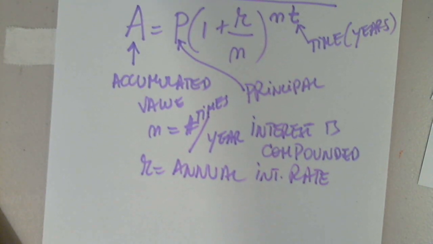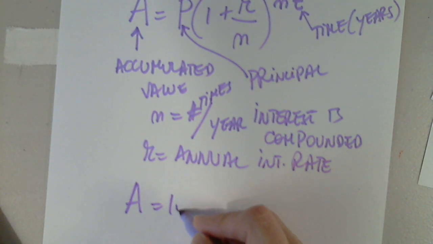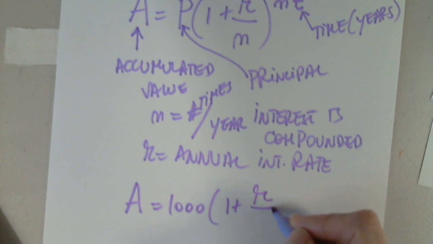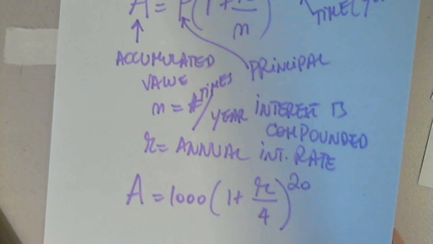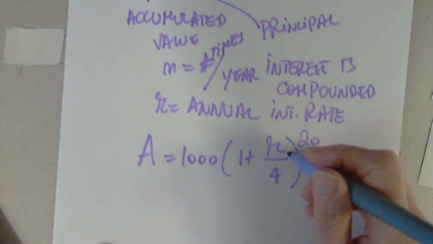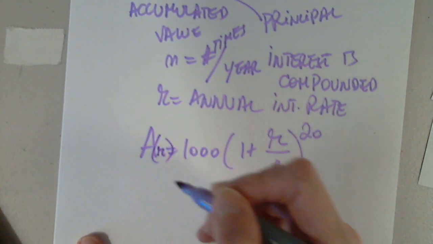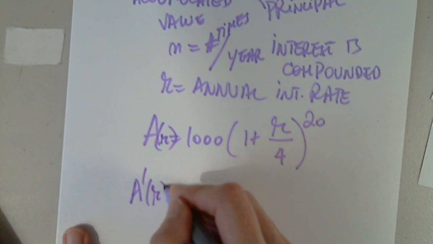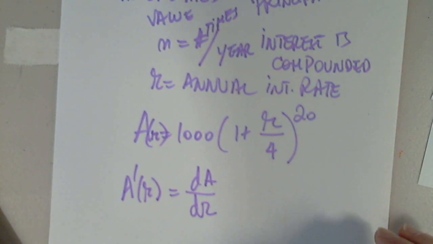Okay, so we're given this: A equals 1,000 times (1 plus R over 4) raised to 20. And we're asked to find the rate of change of A with respect to the rate, sorry. So that's the variable. So this should be A of R. So we're asked to find A prime of R, which is the same thing as dA over dR. We use these two notations interchangeably. Okay.